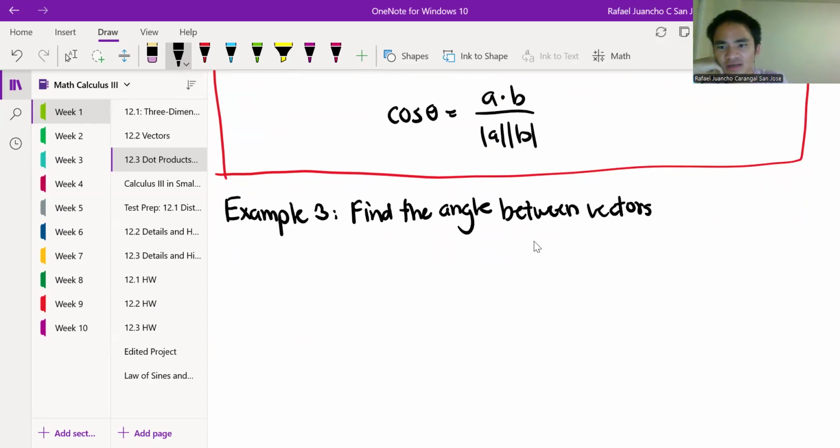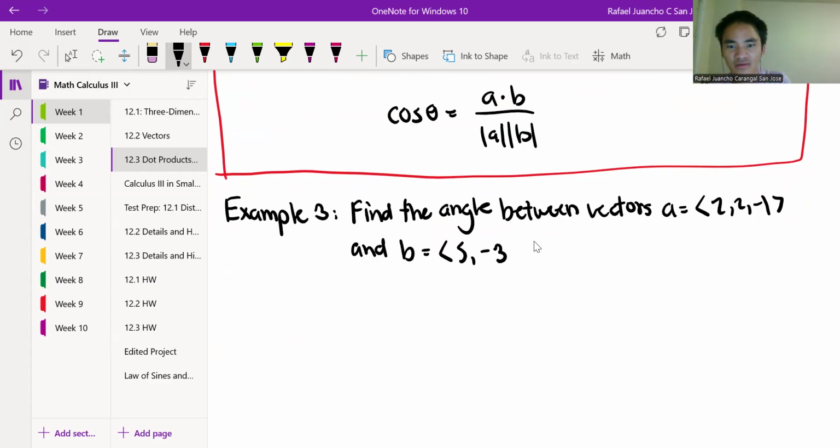Vector A has 2, 2, negative 1, and B has 5, negative 3, 2.